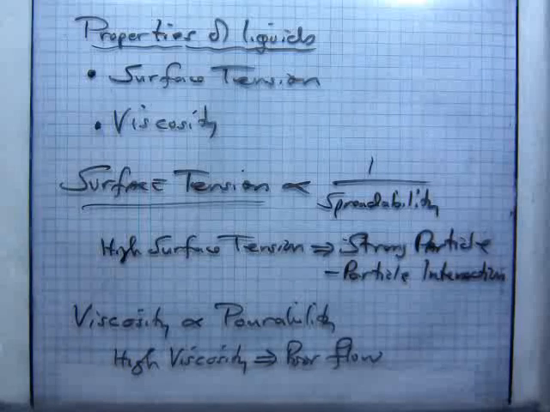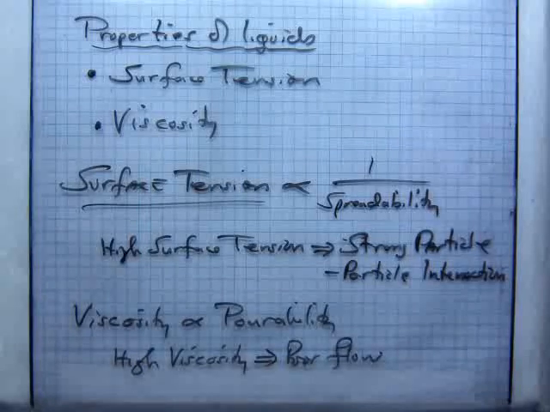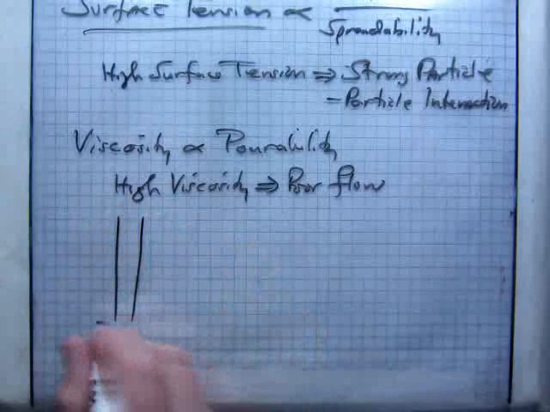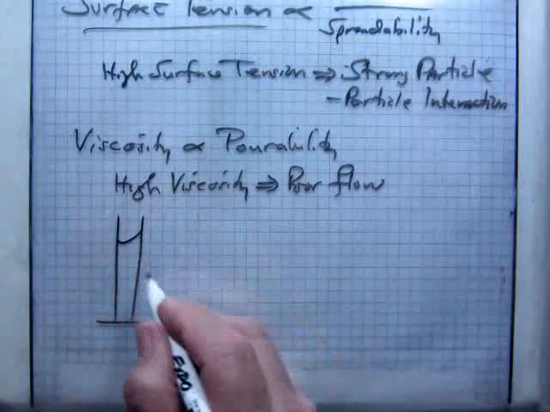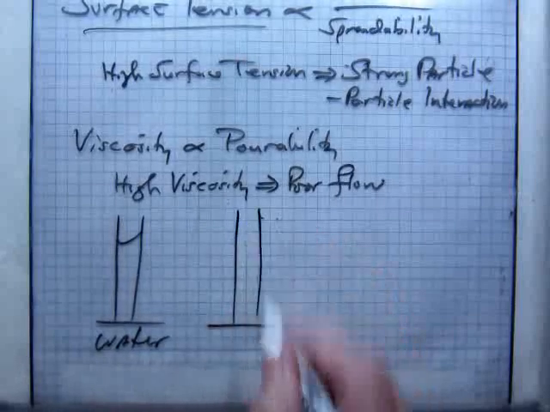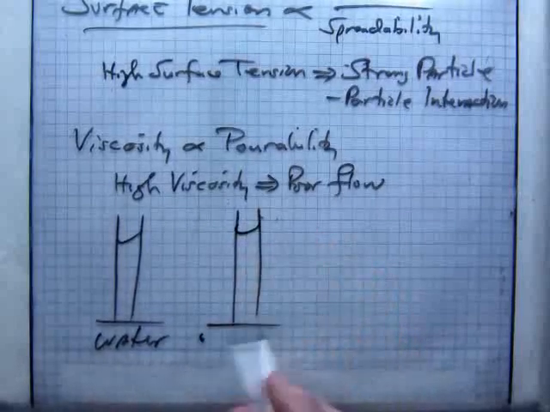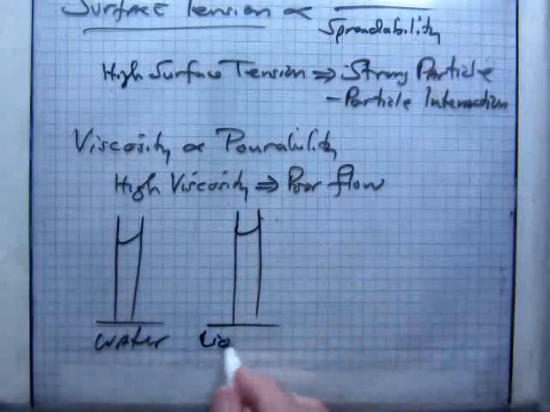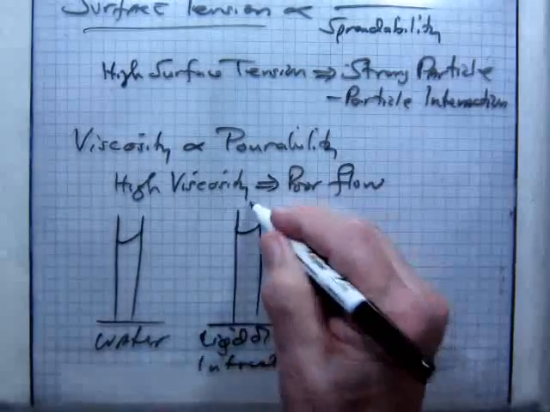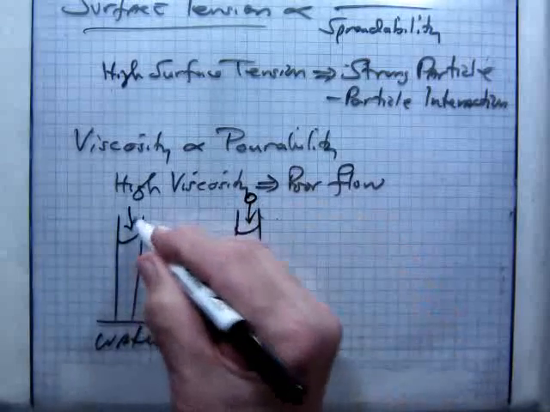The pourability or the flow of water is what other substances are compared to, in what they call a ball drop test. If you want to know the viscosity, it's called a relative viscosity. Take a graduated cylinder and fill it with water in one and the unknown liquid, the liquid of interest, in another, and you drop a marble in it.